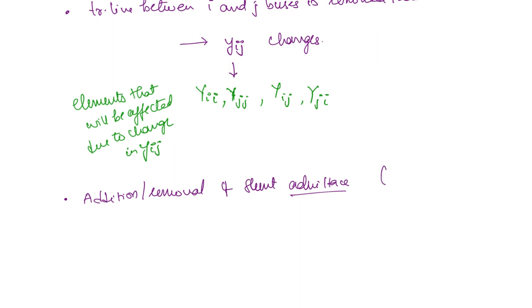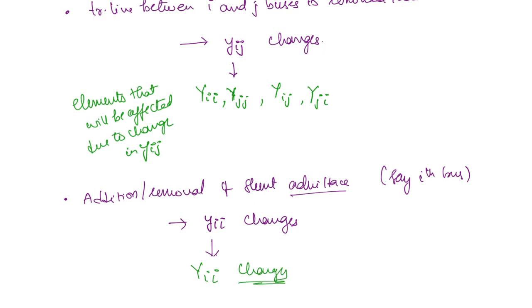If you are taking the ith bus, then what will be the parameter that is going to change? Small yi will change, and when this changes, it is going to affect only one parameter. What is that parameter? Capital Yii.